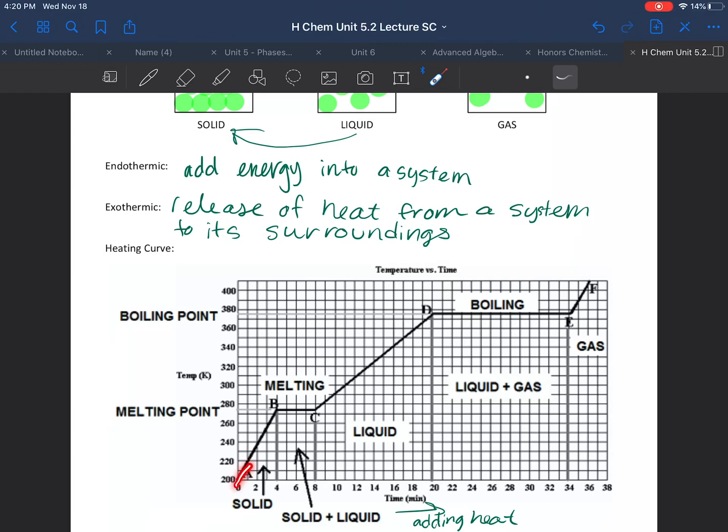So here, where we see an increase, this is representing kinetic energy. The reason why we see a plateau at the melting point and the boiling point is that this is strictly a transfer of potential energy. There is no change in kinetic energy. The temperature does not change while the solid is changing to a liquid or the liquid to gas. Once all of the solid becomes liquid, we keep adding heat.